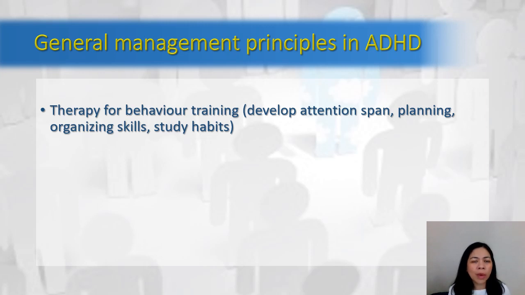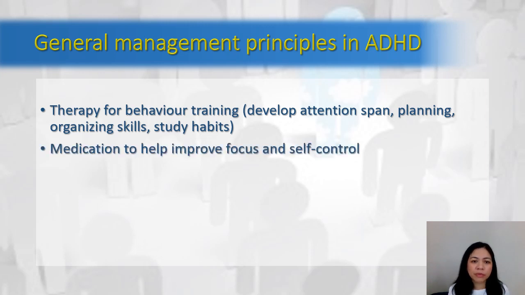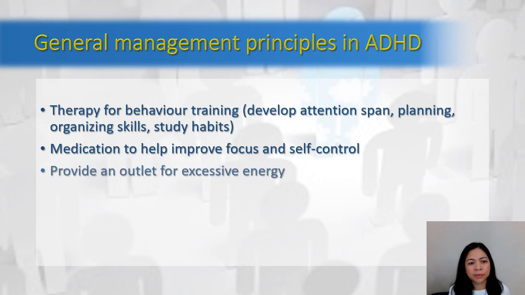It's widely recommended that for kids around 4 to 5 years old, if they're deemed to have a risk for ADHD, they undergo behavioral therapy first. And then later, when they're 7 years old and above, they can be candidates for both behavioral therapy and medication. There's medication to help improve their focus and self control.